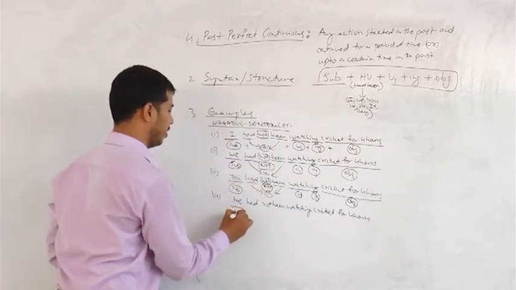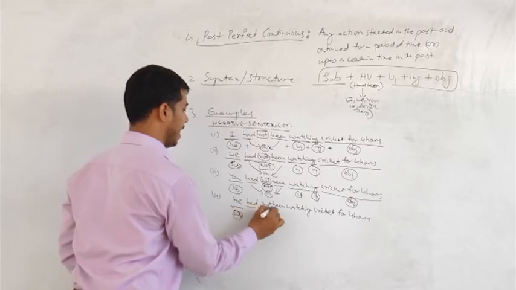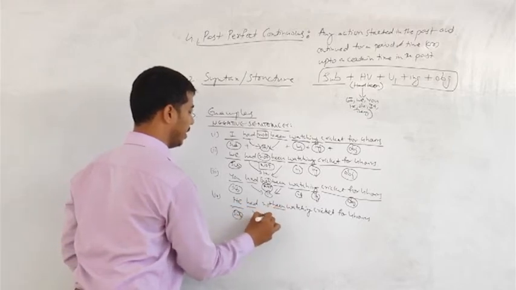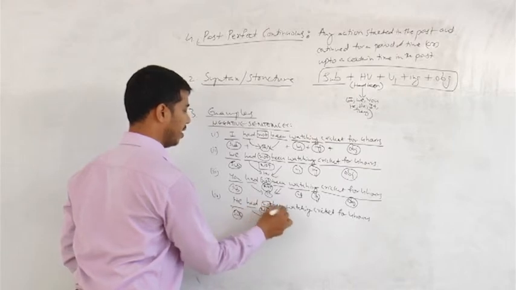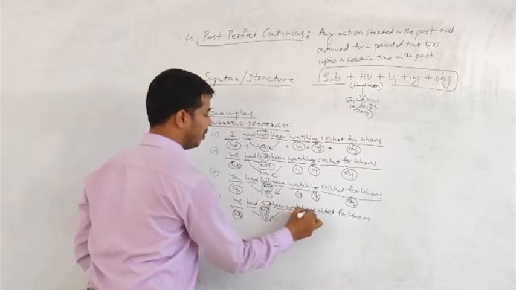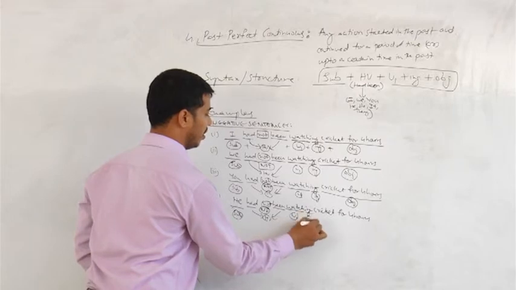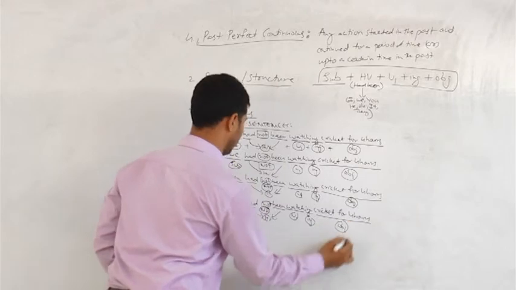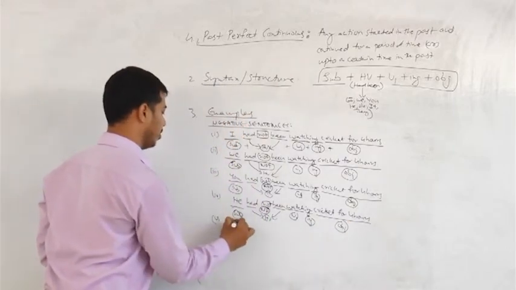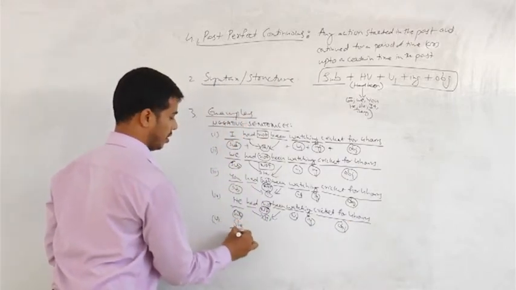Masculine, third person, singular, nothing but the subject. Had and been we have labeled as HV, the helping verb. And not gives a negative meaning. And what is the verb in the first form? We have labeled it as V1, ing is ing, and cricket for 4 hours is the object.